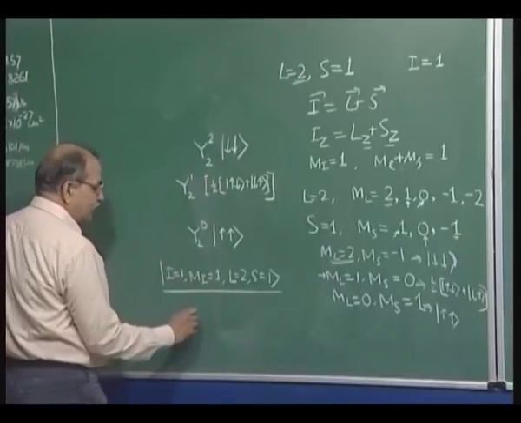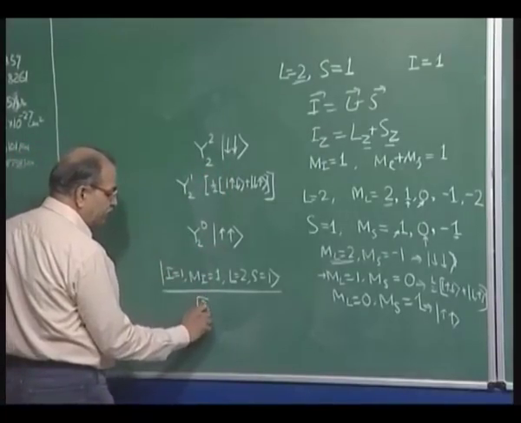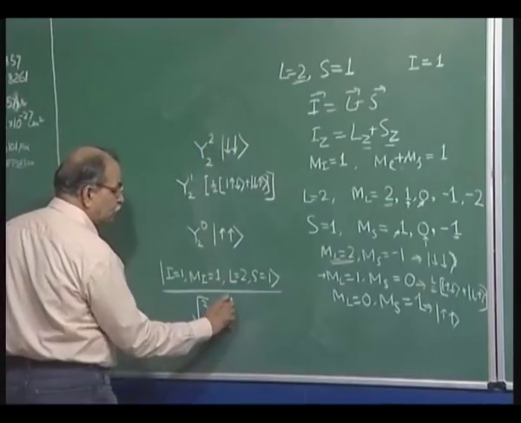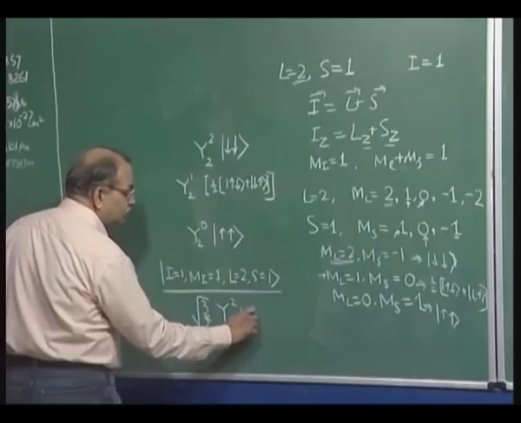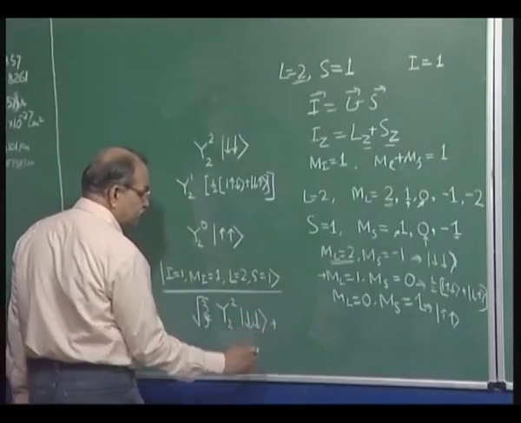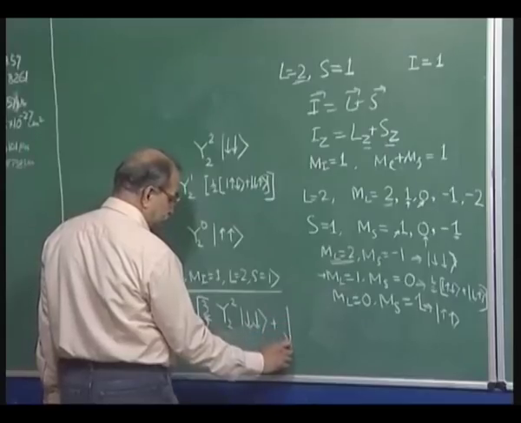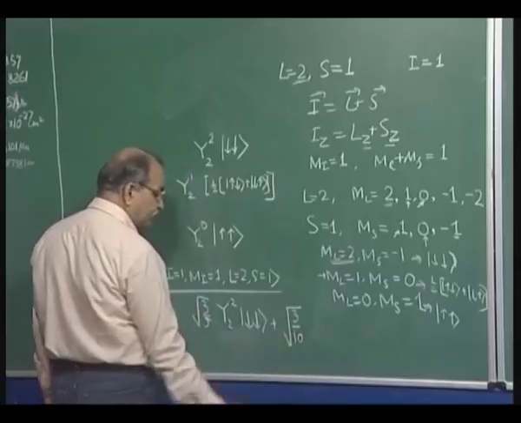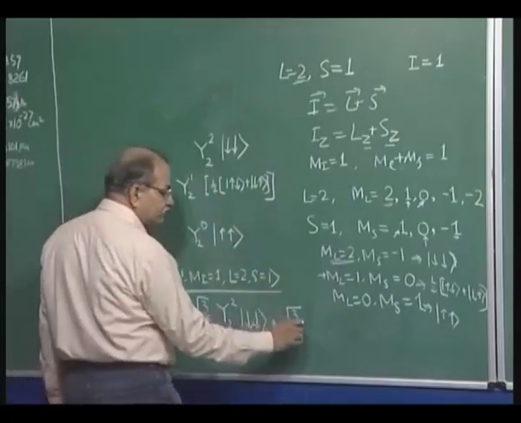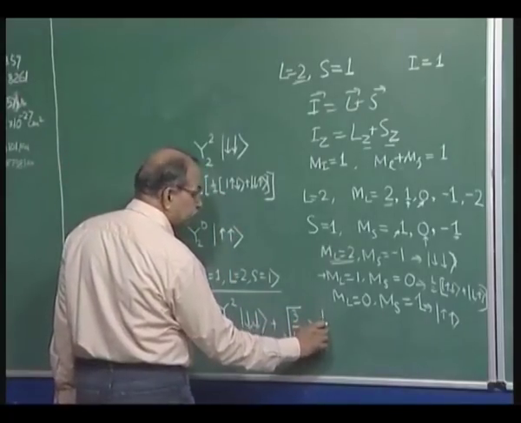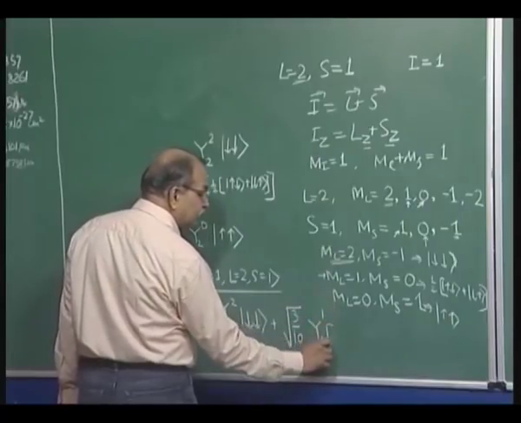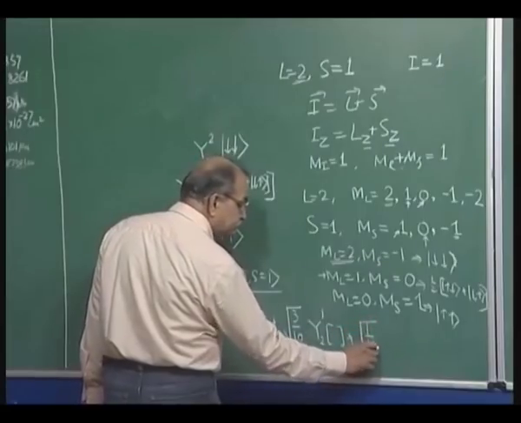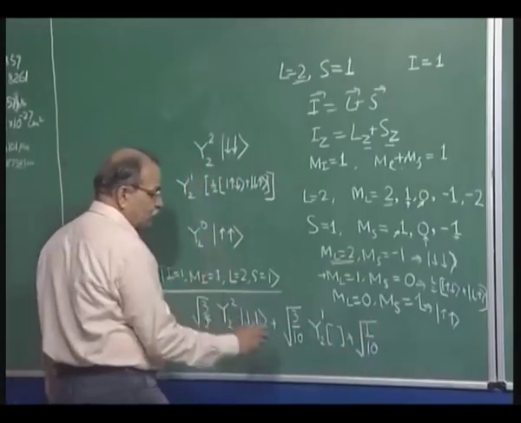and it turns out that you have root 3 by 5 times this first one, Y22 down down, plus root 3 by 10 of this second one, Y21, and then that spin part, and this is root 1 by 10 and then this Y20 part.